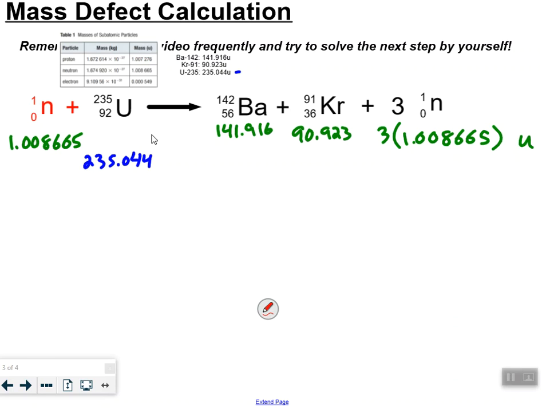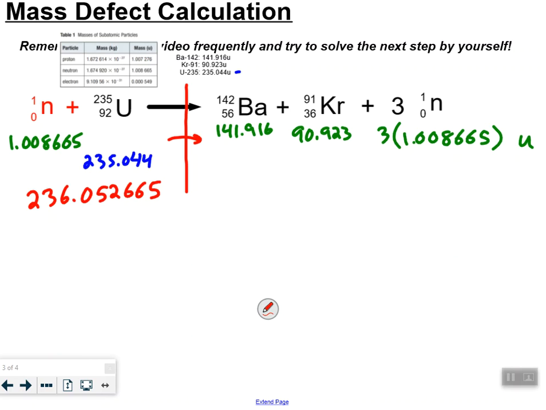So what I want to do here to see what the mass defect is across this reaction, we've lost mass. There's a small bit of mass that's disappeared, and that mass is converted into energy. On the left side, I've already done the math here, and I get 236.05266. I kept all the decimal places because a very small amount of mass is actually lost, and if you round this, you might not see the difference.